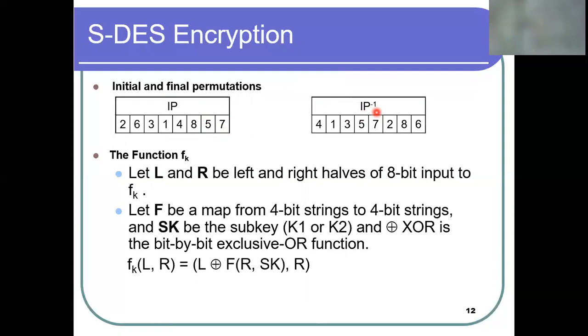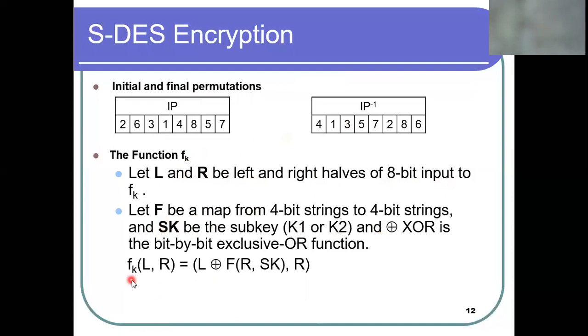So let me start with how one can generate FK. It's a complex function that consists of substitution as well as diffusion. So let L and R be the left and right halves of the 8-bit input to FK. Let F be a map from 4-bit strings to 4-bit strings, and SK be the sub key K1 and K2, and XOR is the binary bit-by-bit XOR of functions.